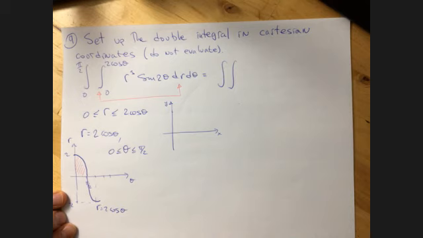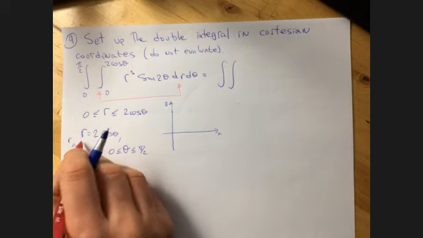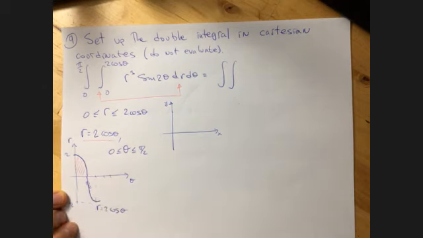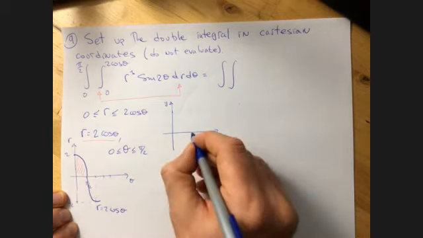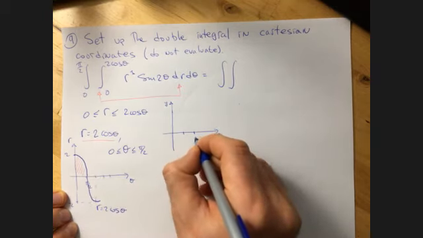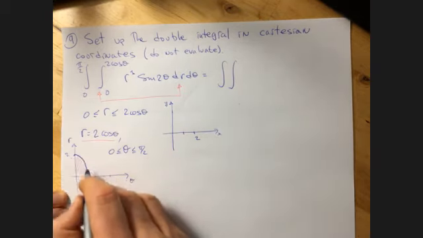Okay. If I'm about to sketch this function in the xy plane, what am I going to get? Well, when theta is 0, the radius is 2.